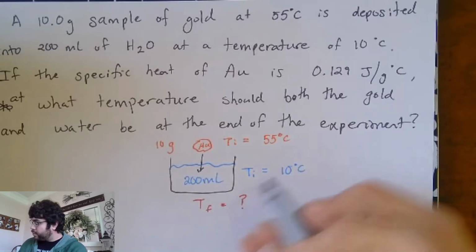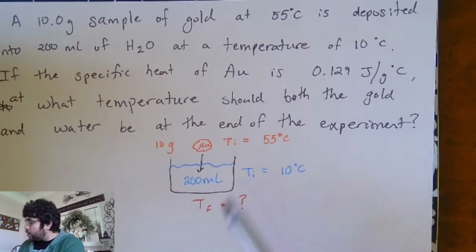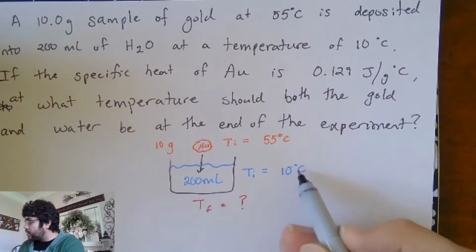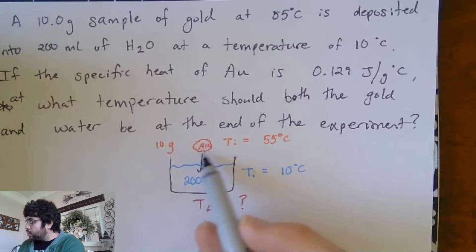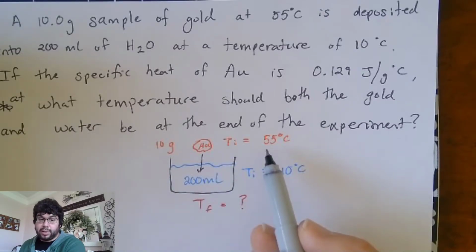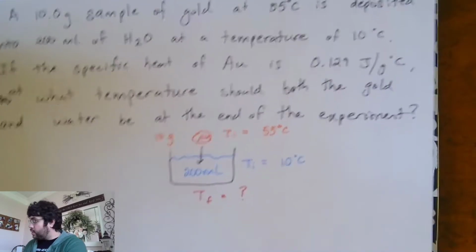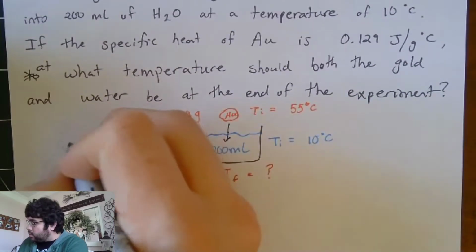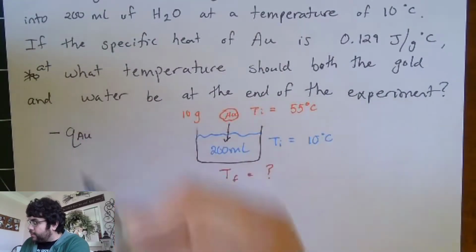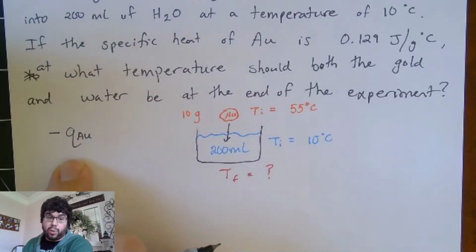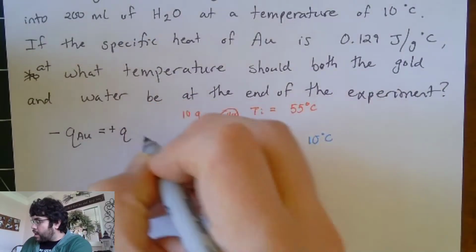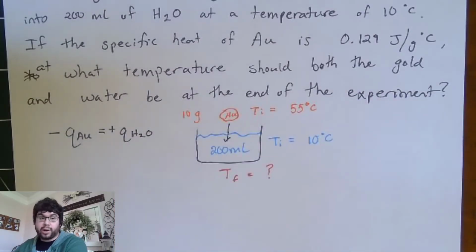Well, here's what we know. We know that we have 200 milliliters of water, and we know that it is at a temperature of 10 degrees Celsius. We know that the gold going into the water has a mass of 10 grams, and its initial temperature is 55 degrees Celsius. Remember that we have the law of conservation of energy, which means that really at the end of the day, the amount of heat that the gold gives away, it's an exothermic process for the gold, it's losing its heat and giving it to the water, is going to be equal to the amount of heat that the water gains.